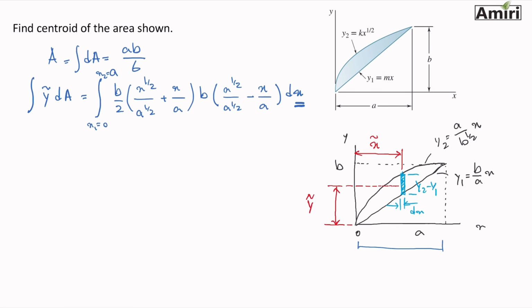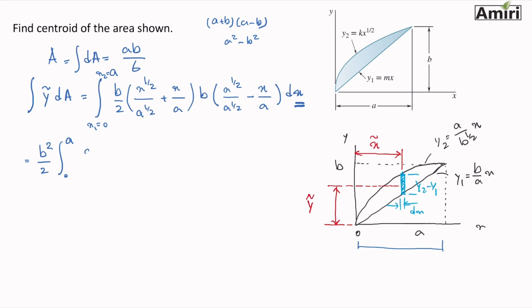Let's simplify within the integral a little bit before starting to integrate. B over 2 and b, that becomes b squared over 2. It's a constant number, so we'll bring it out of the integral. Limits are going to be 0 to a, and if I do the multiplication, this is a plus b multiplied by a minus b, so this will result in a squared minus b squared.